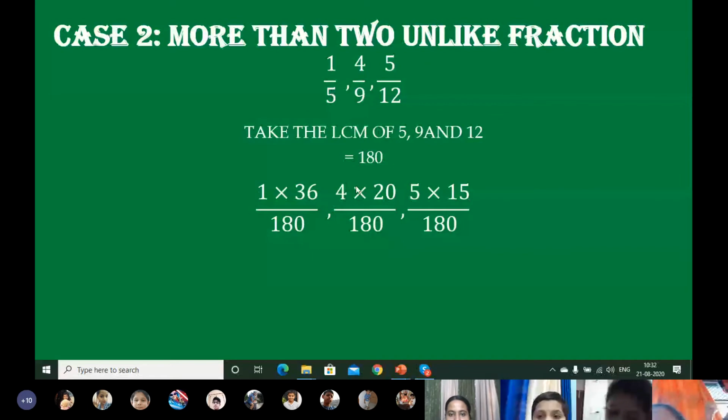Then 180 divided by 9 is 20, and I multiplied it with the numerator, so that was 4 into 20. Again I copied 180 in the denominator and divided 180 by 12, which gave me 15, and multiplied it with the numerator. Understood?